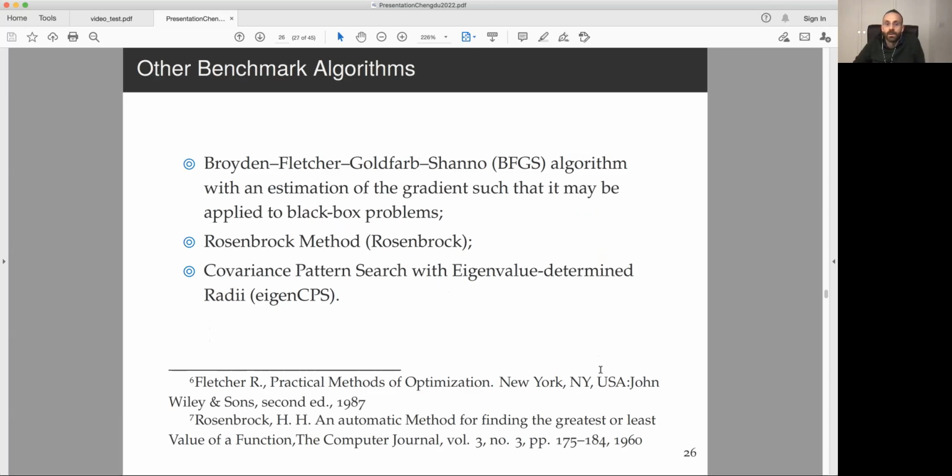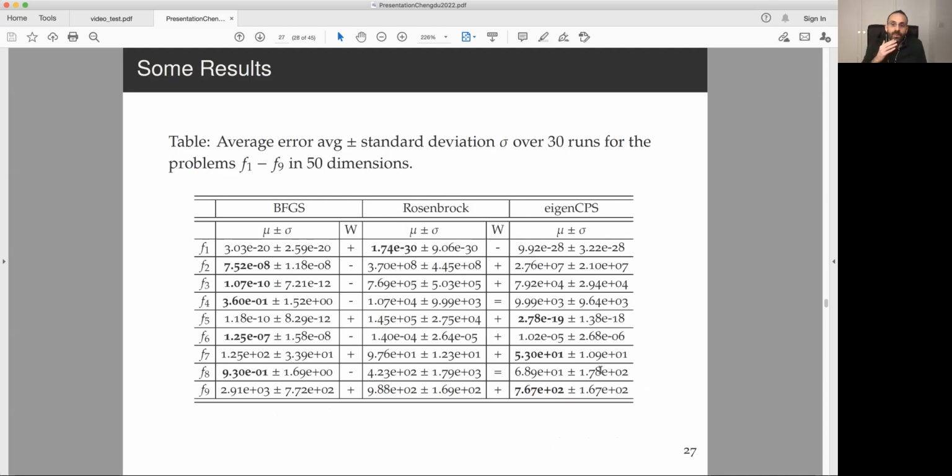And when we compare Eigen-CPS against other types of algorithms like BFGS, which is a classical algorithm in numerical optimization, and the Rosenbrock method, which is another classical method of the same type, what we obtain is that with respect to Rosenbrock, Eigen-CPS tends to obtain better results. Rosenbrock, you might recall, is an algorithm that also uses something like a change of variables, but it's done in a quite different way.